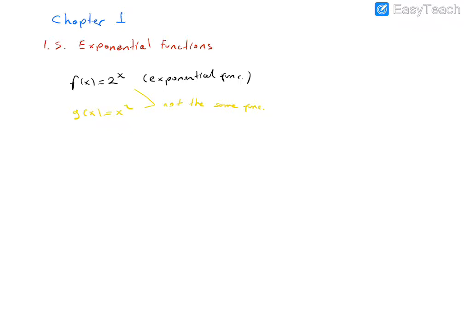Whether a variable appears as an exponent with a constant base or as a base with a constant exponent makes a big difference. The function g is a quadratic function or second degree polynomial. We have already discussed it. The function f is a new type of function called an exponential function.